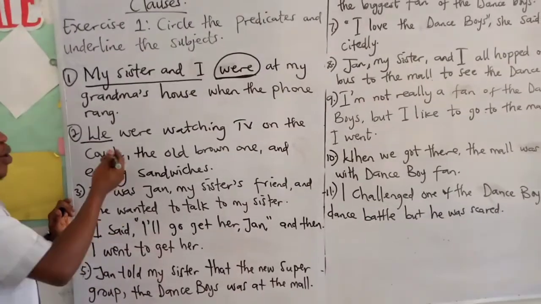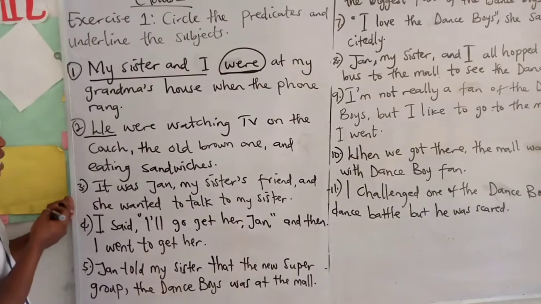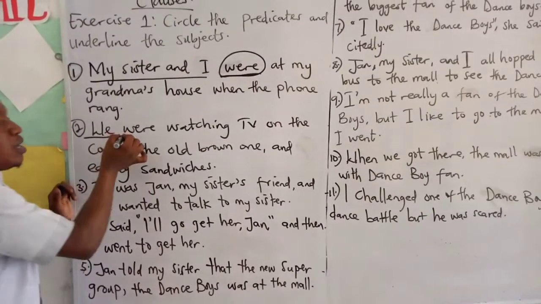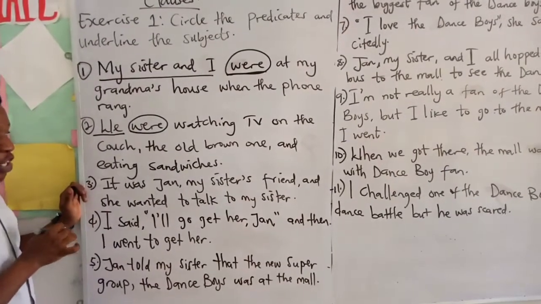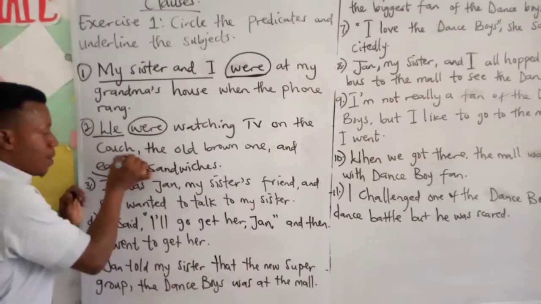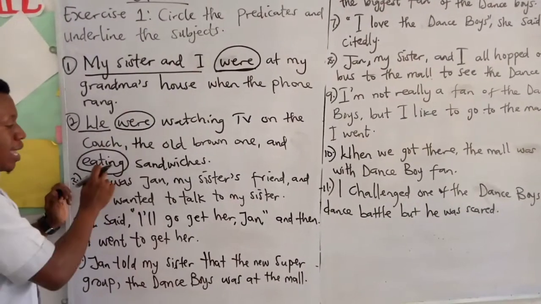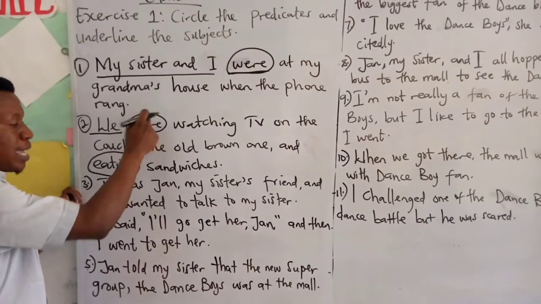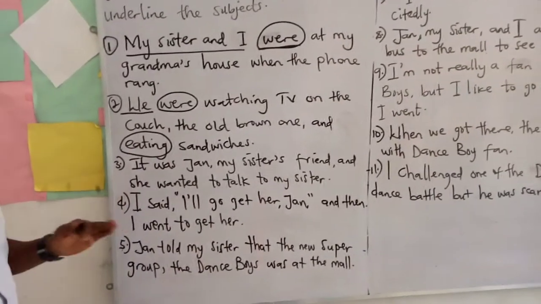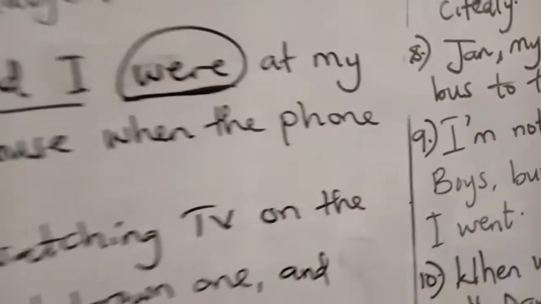We were watching TV on the couch, the old brown one, and eating sandwiches. This is my predicate. Remember, action. This is also my predicate. Eating, an action. We were eating. We, subject; were, predicate; eating, predicate. This is how you tell your predicate in every sentence and your subject in every sentence.